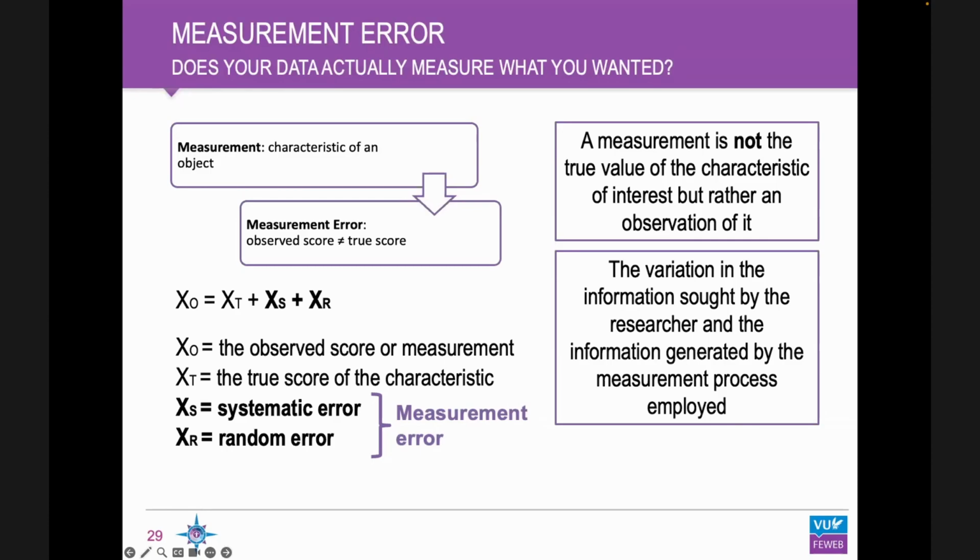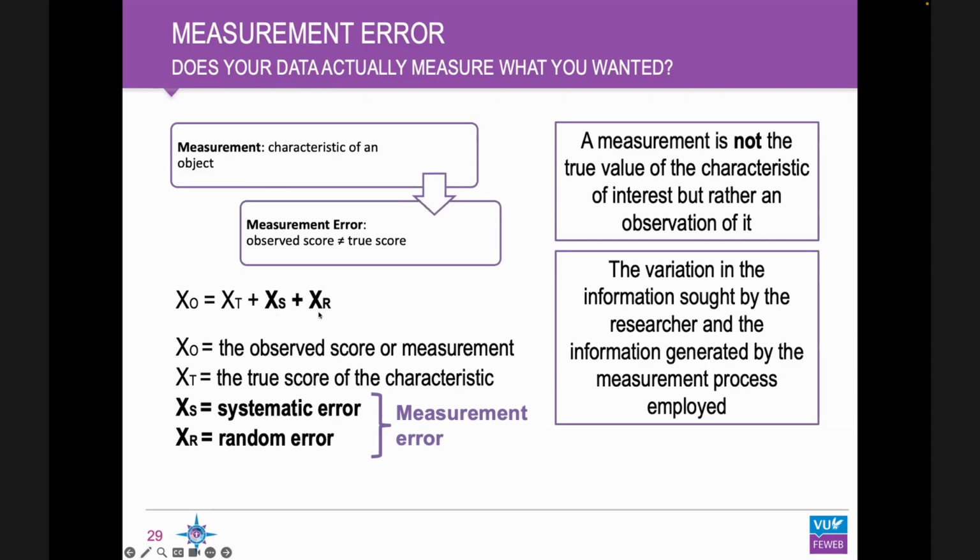In this case, you see that we have this observation. This is the true value of what we are after: I want to understand your life satisfaction in general. And this is the measurement error.